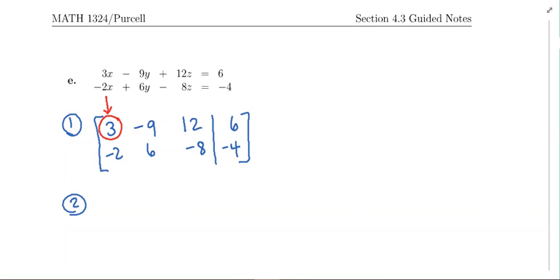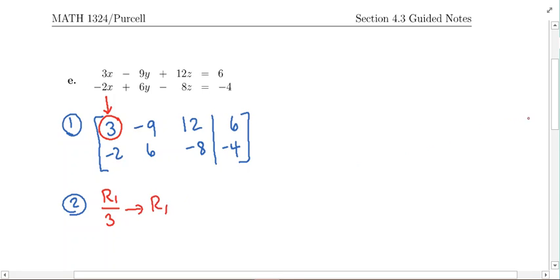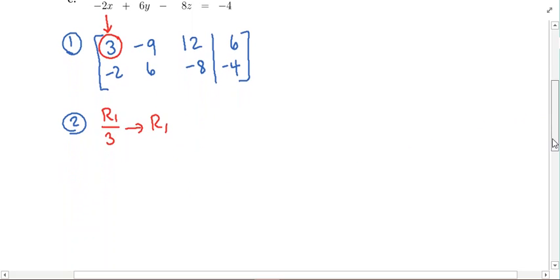So our row operation is row 1 divided by 3 becomes row 1. We're just going to take every element in row 1 and divide by 3. Notice there is no change to row 2 at this time, so we're going to leave row 2 alone.